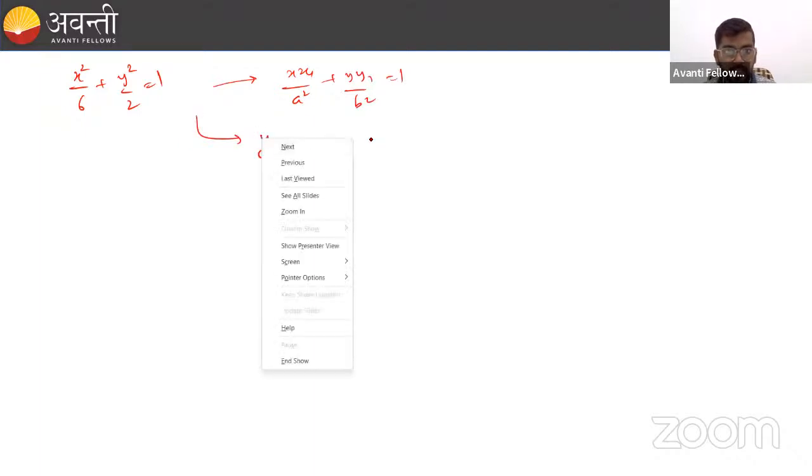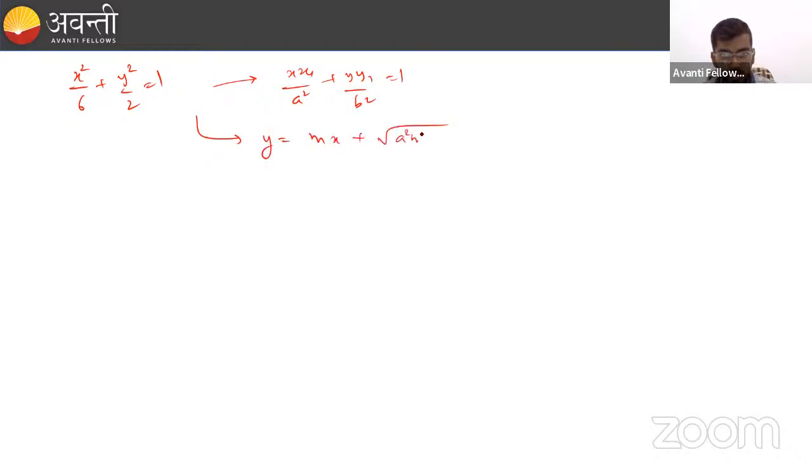To solve this question, see the equation of the ellipse has been given as x square by 6 plus y square by 2 equals 1. Now we know that any tangent can be written as either this x1 by a square plus y1 by b square equals 1, or for better use we generally write the tangent as y equals mx plus under root a square m square plus b square, right?